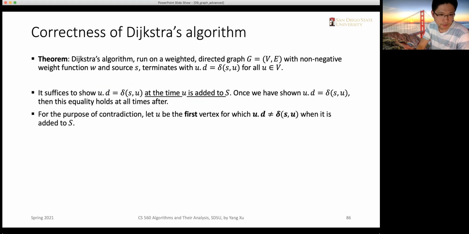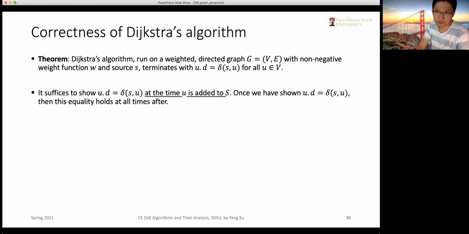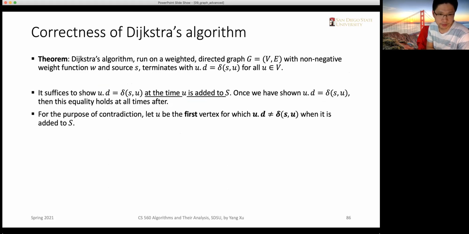Okay, in order to prove it, we will use the contradiction method. So we let u be the first vertex that doesn't satisfy this equality, which means u.d doesn't equal delta when it is added to S. Okay, and we assume that u is the first one that has such a violation.